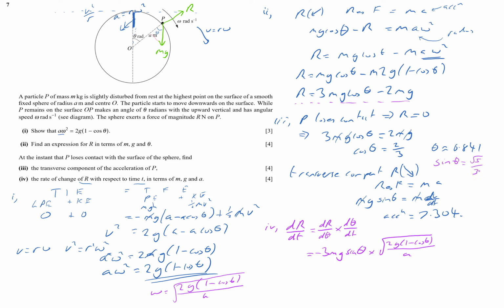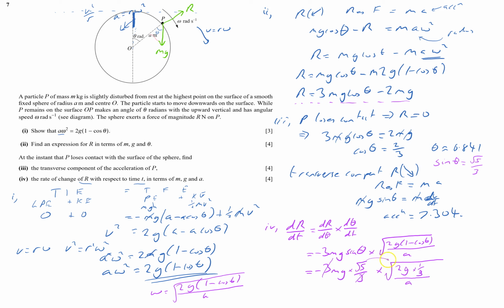So now I can just put those into here, and that will give me minus 3mg times sin theta, which is root 5 over 3, times the square root of 2g on (1 minus cos theta), which is 1 minus 2/3, that's 1/3, all over a, and the 3 will cancel out.